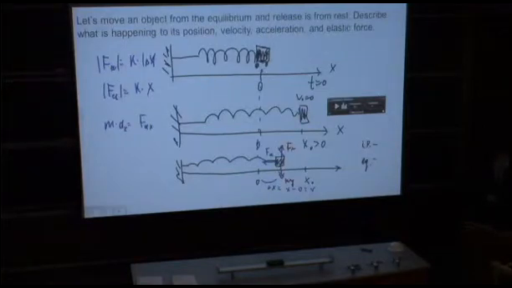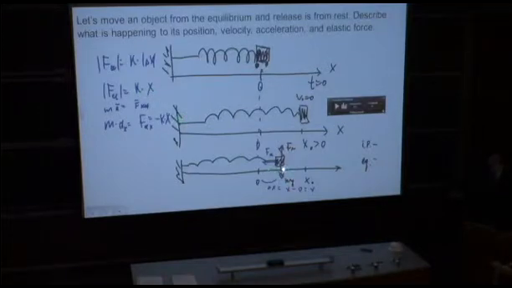So mass times acceleration is equal to net force. But relative to the x-axis, mass times the x component of the acceleration should be equal to the x component of the elastic force. And if we want to write it mathematically correctly, this is what we have to write.